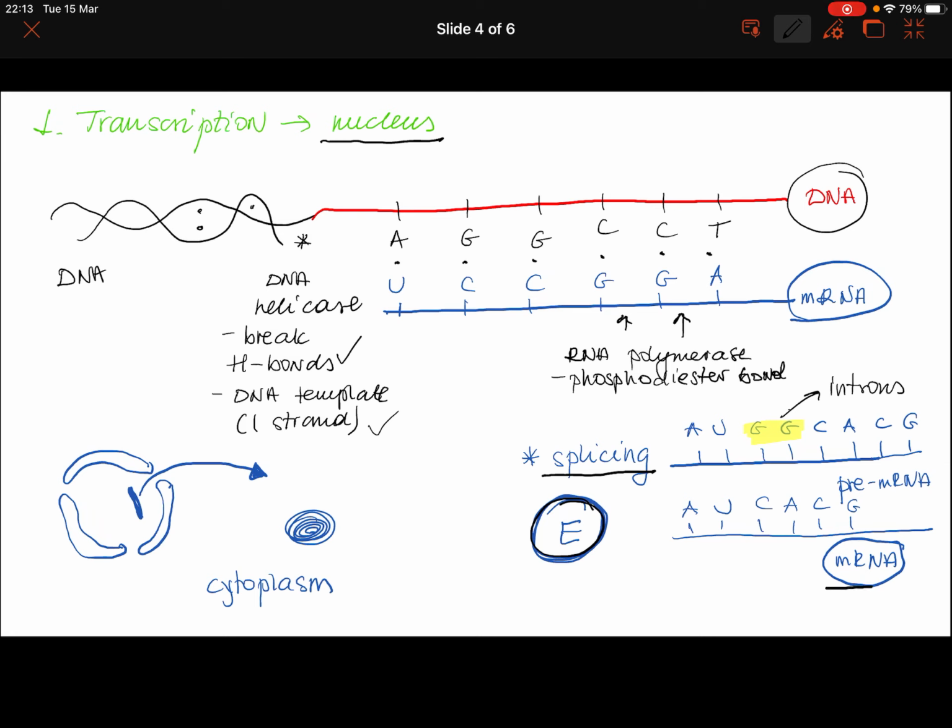They are removed from pre-mRNA to form the final mRNA molecule, which you can see is much shorter, has fewer nucleotides, fewer bases, as we can see on the diagram. The final mRNA is then going to leave the nucleus through the nuclear pores and go to the cytoplasm, and specifically to the ribosomes.